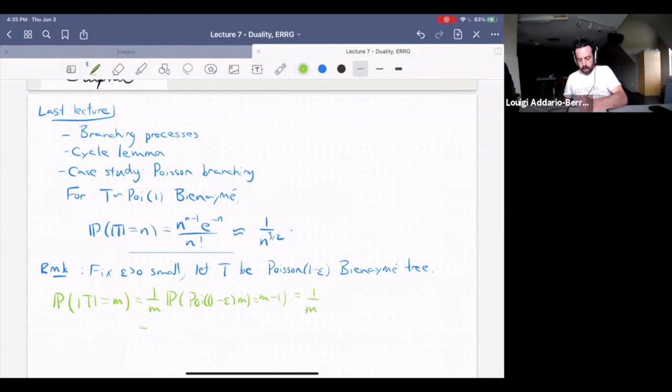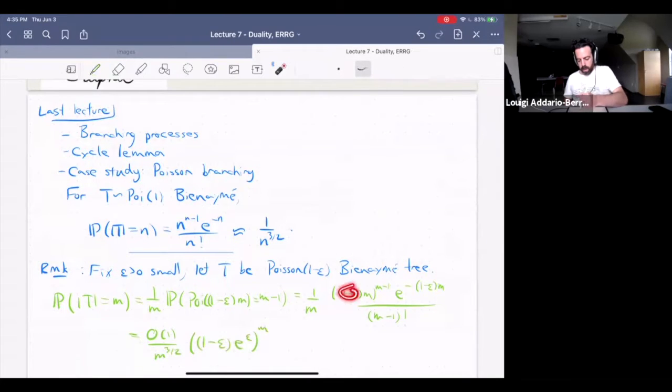Okay, so that's 1 on m, and now 1 minus epsilon m to the m minus 1 e to the minus 1 minus epsilon m on m minus 1 factorial. And if you use Stirling's formula in this case, you get that this is roughly order 1 on m to the 3/2, but now there's a correction term, which is 1 minus epsilon e to the epsilon to the m.